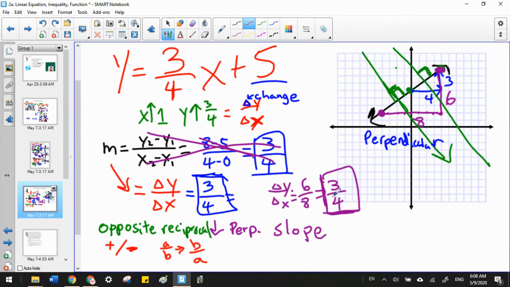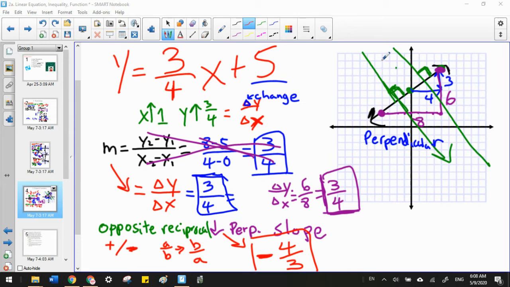So if I were to have a positive 3/4 as my original slope, my perpendicular slope would then become a negative 4/3. And that's how you use the words opposite reciprocal to get a perpendicular slope. And we can actually try this example out right now.